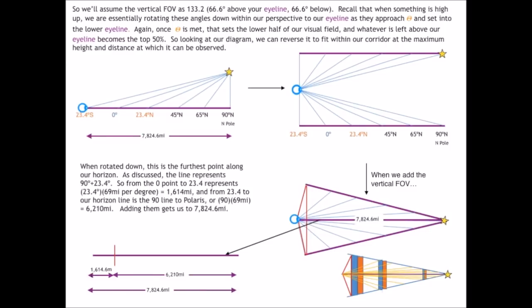And adding them up gets us our 7,824.6 miles. As you can see on the lower left, we've outlined how those distance relationships work themselves out. The red line represents that vertical line dropped along from that 66.6 degree triangle along 23.4 degrees, dropping it down perpendicular to the eye line.